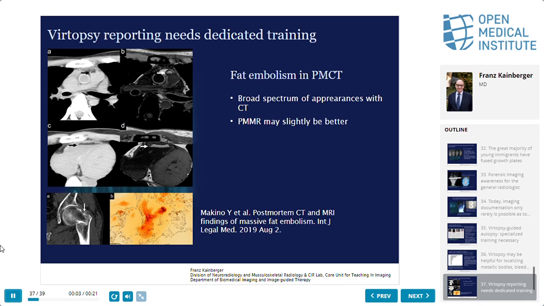Fat embolism is a very important point. There is a broad spectrum of appearances with CT, and probably post-mortem MRI has the potential to be even better than CT, but that's also something under discussion.